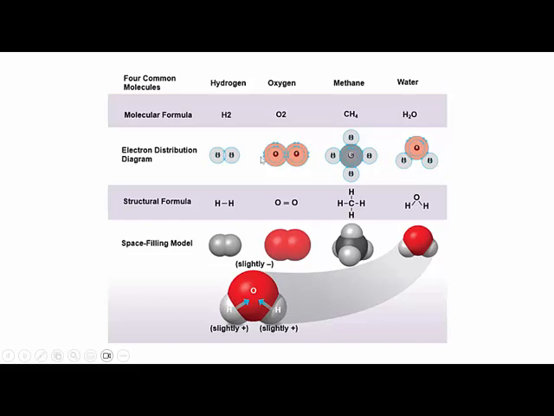Something like oxygen, where the electrons are shared evenly, this molecule would be considered nonpolar. And there are a variety of ways to look at these things. We've got the molecular formula, how the electrons are shared, the structural formula, where this line here represents a covalent bond, and then these space filling models.